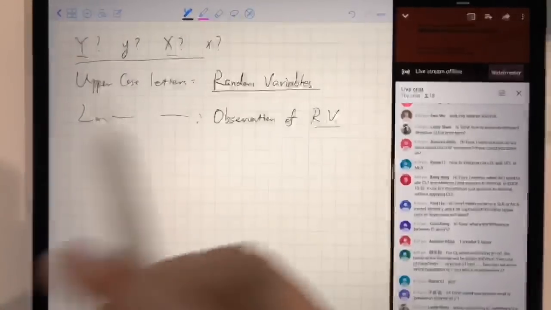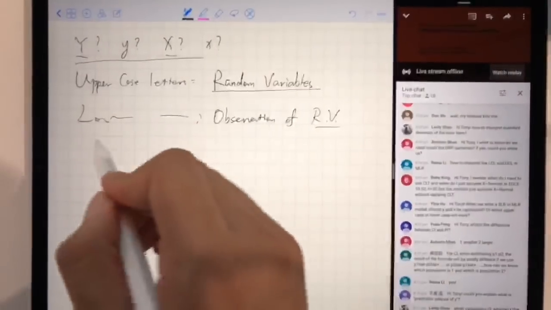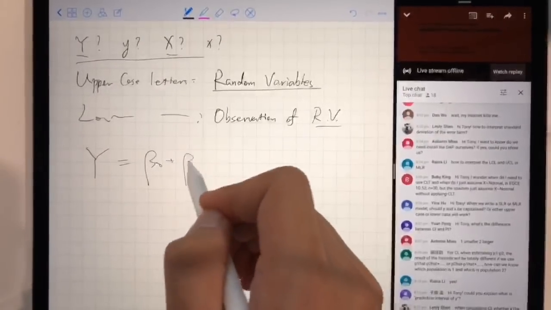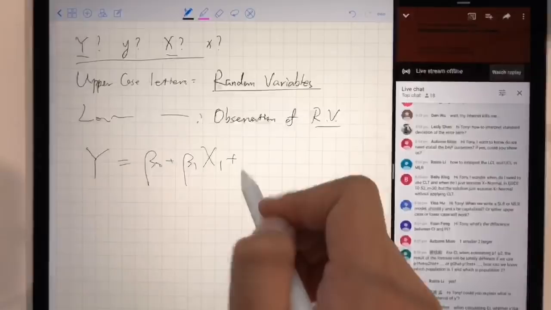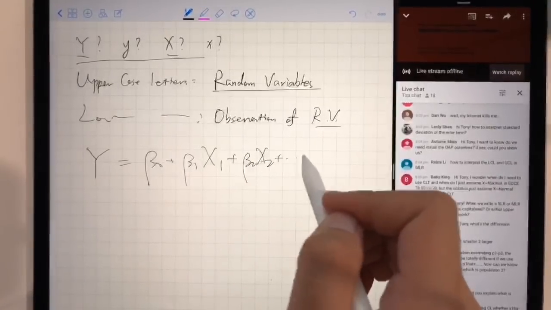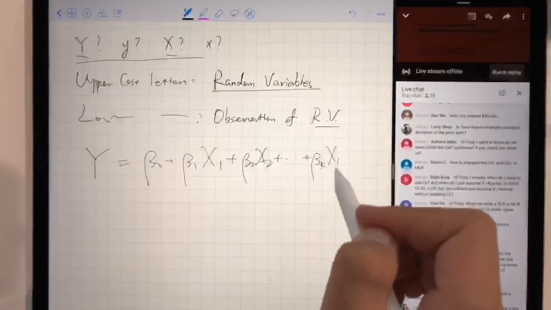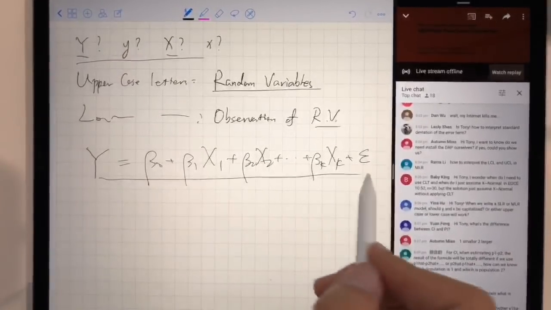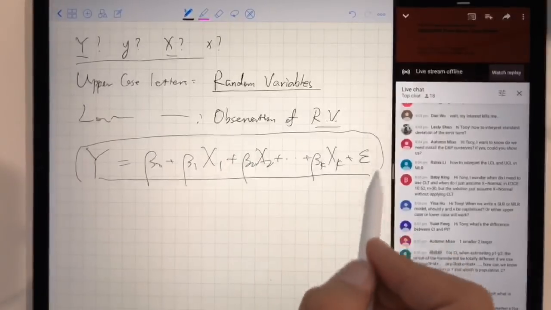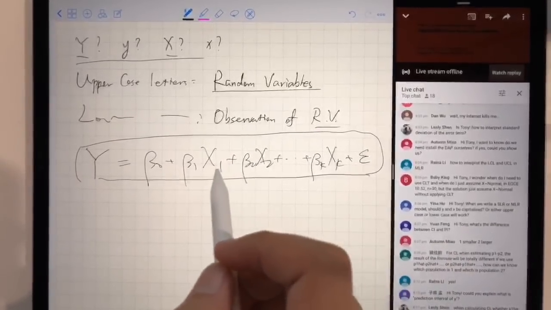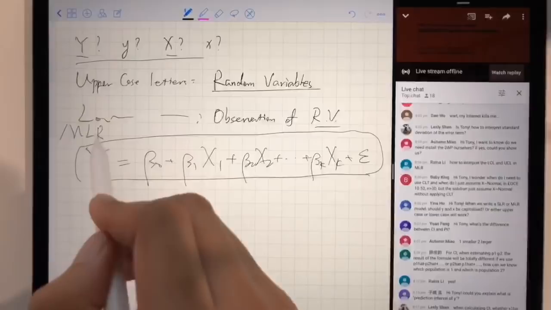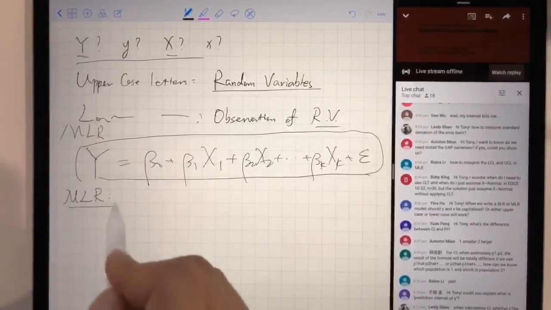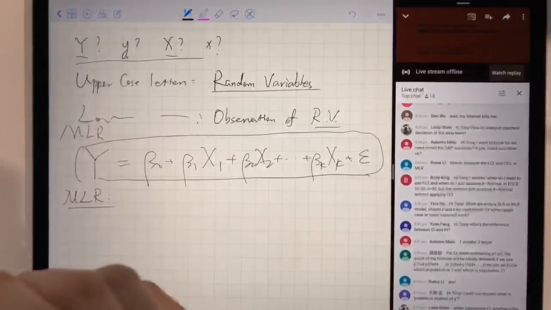So if you want to write big letters, you simply write Y equals beta 0 plus beta 1 X1 plus beta 2 X2 plus ... plus beta k Xk plus epsilon, right? So this is one way of writing your multiple linear regression model. Now, another way of writing the multiple linear regression model is using the lowercase values.